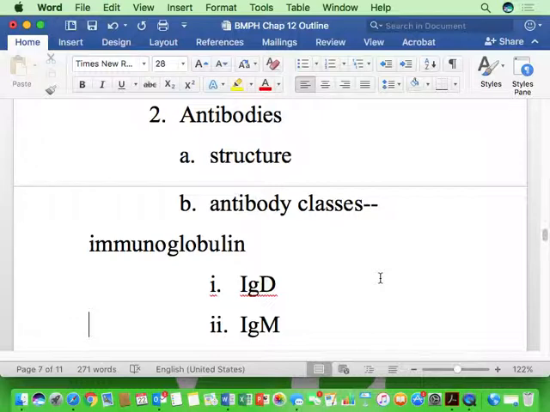These are the first antibodies that are released by the plasma cells in the primary response. So remember, the primary response occurs the first time a B cell comes in contact with that antigen. So these are the first ones that are released.